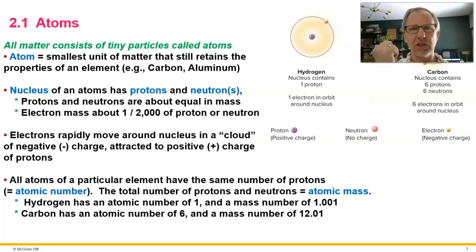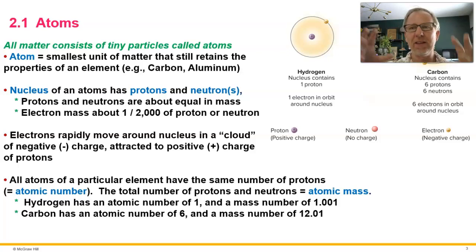So we have protons, neutrons, and electrons. And the electrons are really tiny compared to the protons and neutrons. In fact, they're about 1/2000th of the mass of a proton or neutron. So imagine holding an apple in my hand, that's a proton or a neutron, and then cut out 1/2000th of that apple, like a tiny speck, and that would be an electron.